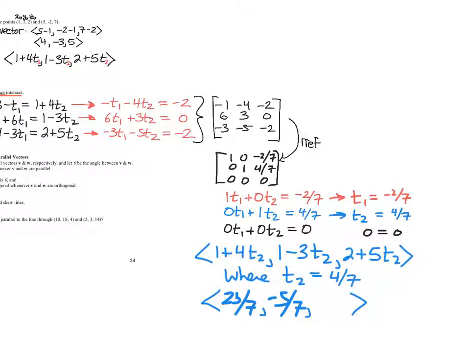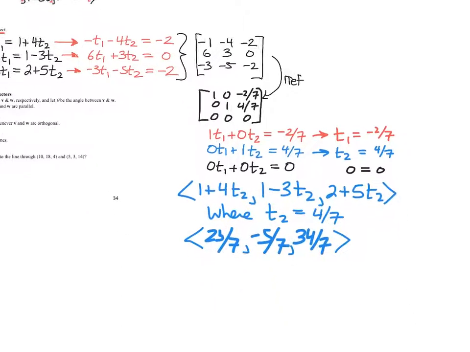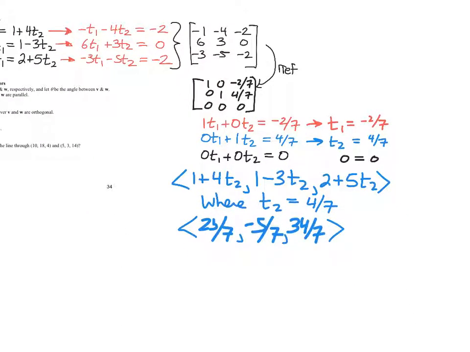And then 2 plus 5 times 4/7. Math bracket, 34/7. All right, so intersection exists.